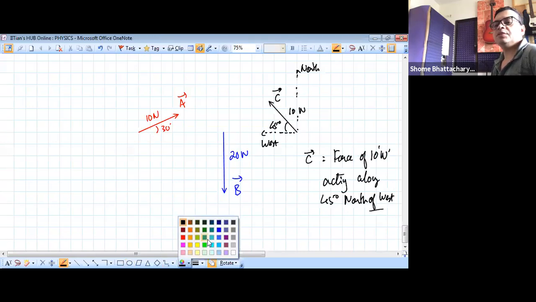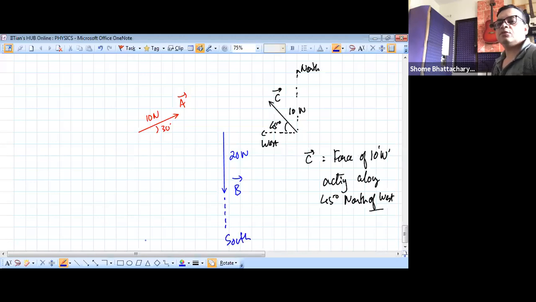Similarly, you can see that B is a force of 20 newtons acting towards south, just as A was a force of 10 newtons acting at 30 degrees north of east.